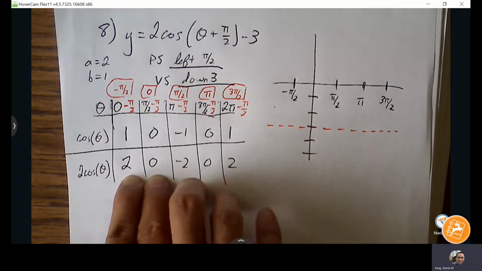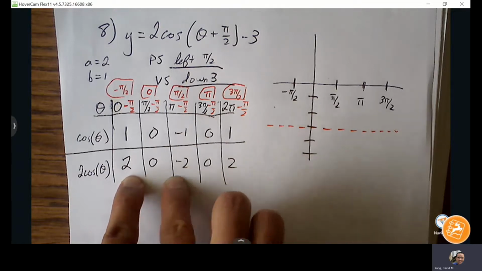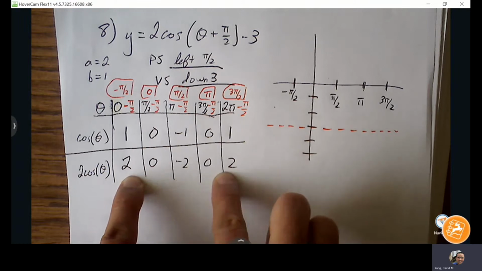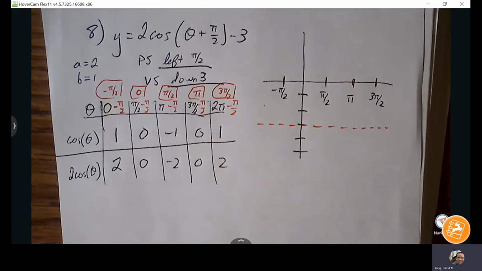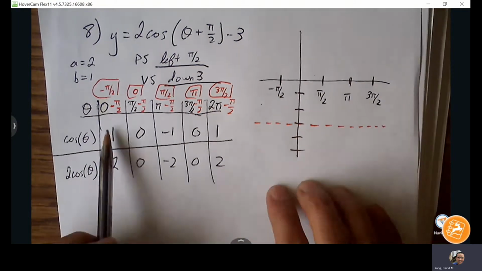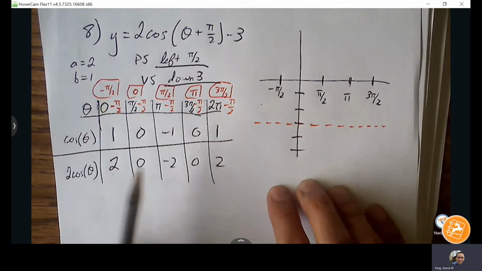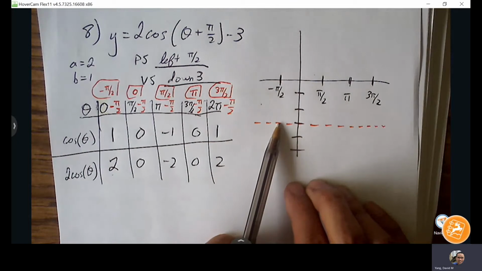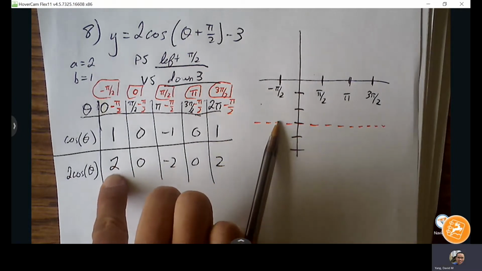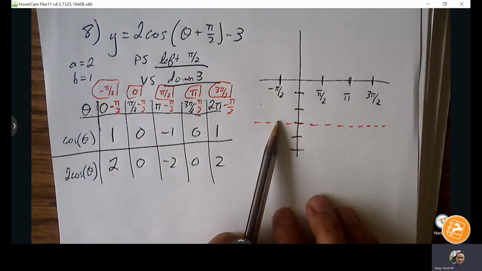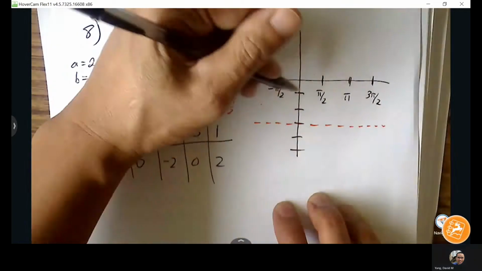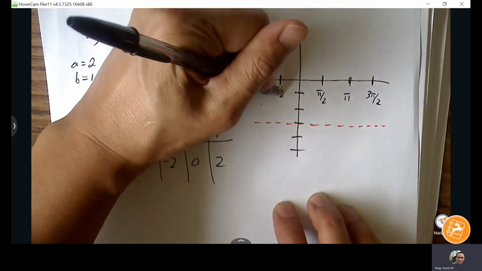These, again, are the distance from your dotted line, distance from your new center. So at negative pi over 2, the value is 2. Here's our 0. Where do we move? Up 2. So we're going to end up at -1.